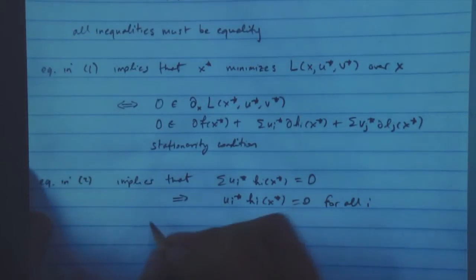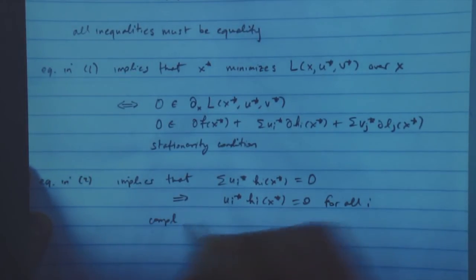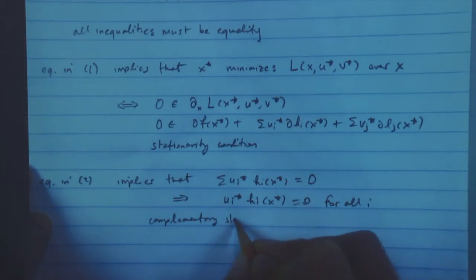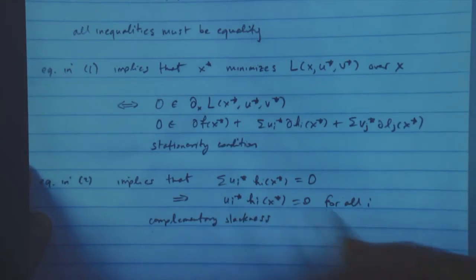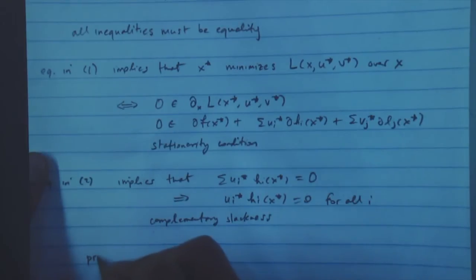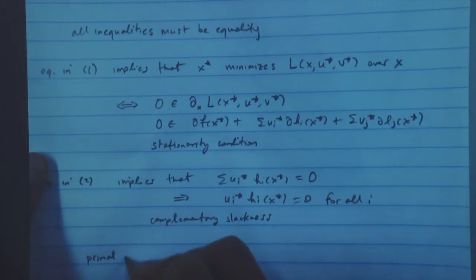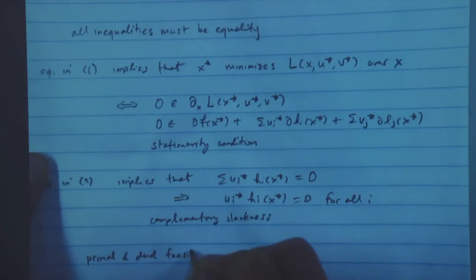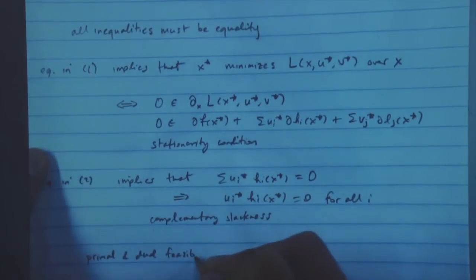And that's exactly complementary slackness. So now we've knocked out 2 of the KKT conditions. The other 2 are trivial. Primal and dual feasibility are going to hold automatically, because if we have solutions, of course they must be feasible.